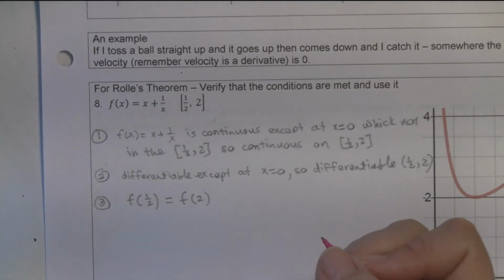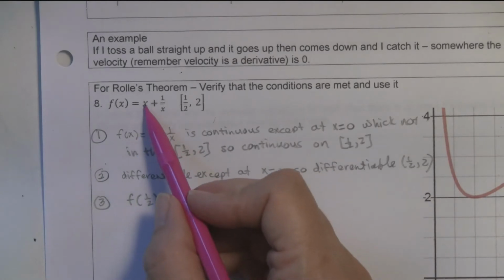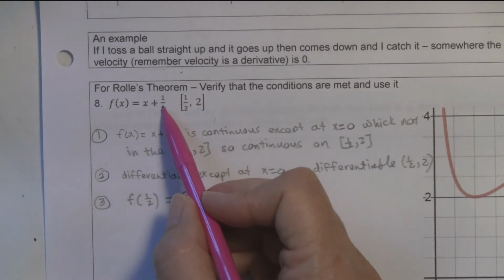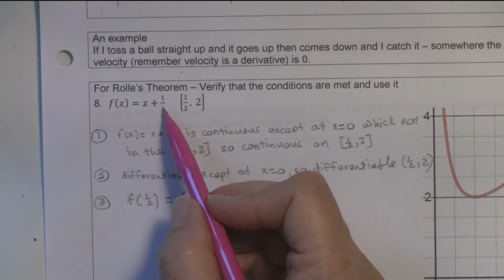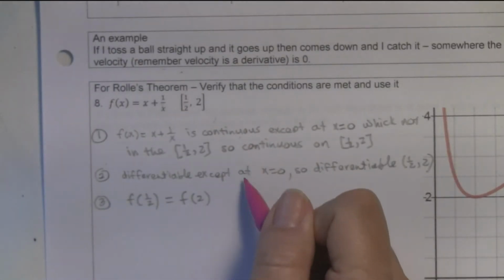All they're really wanting is for you to think about it and say, hey, this is a polynomial, it's continuous and differentiable everywhere. This is a rational, it's continuous and differentiable everywhere except where the denominator is 0, right? And that's not in my interval. So these two are met.